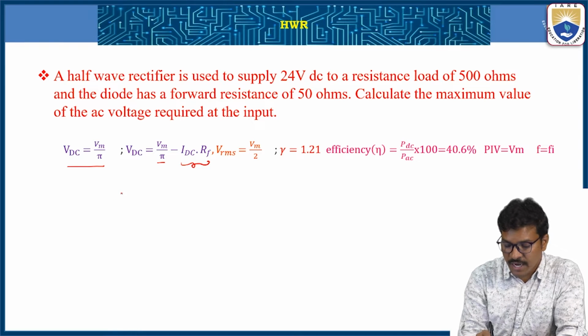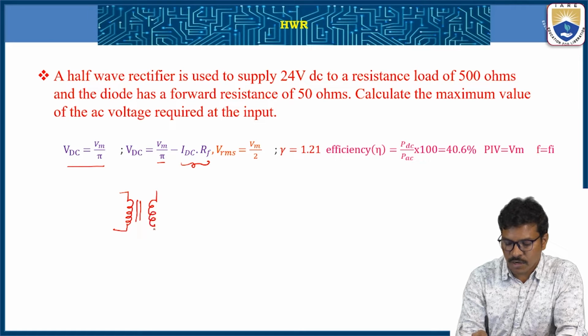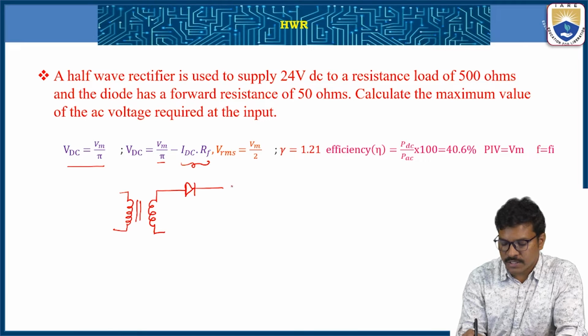If you see this diagram, this is the primary coil of the transformer, this is the secondary coil of the transformer, this is the diode, and this is the load resistor.